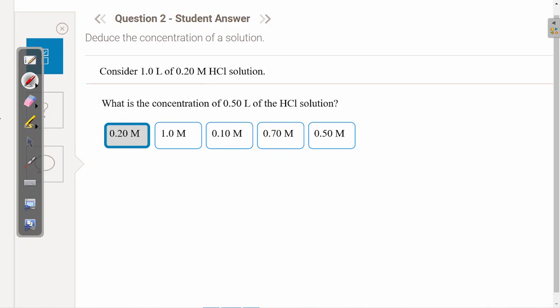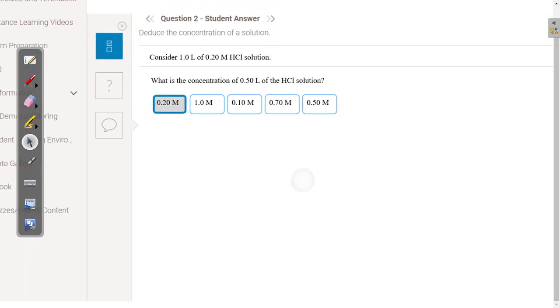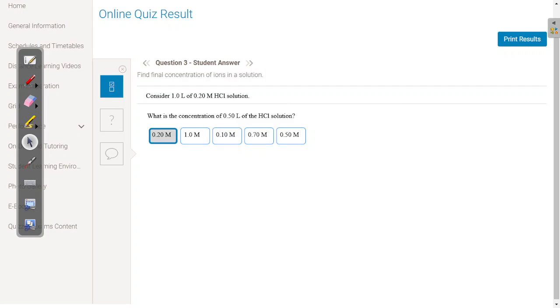It will have the same saltiness even though it's a smaller amount. If you change the volume, it stays the same concentration, as long as you don't add water, that's something else.